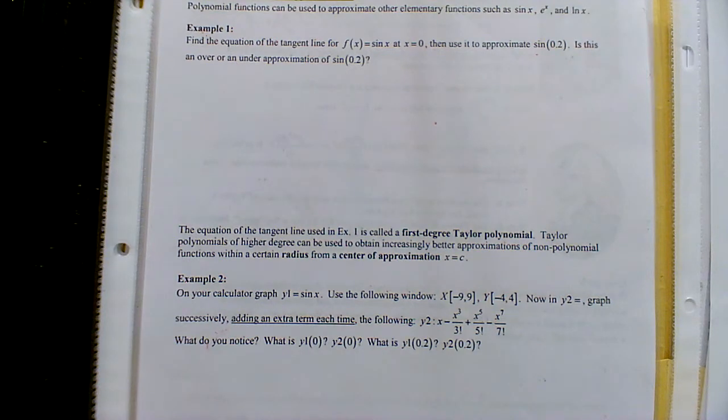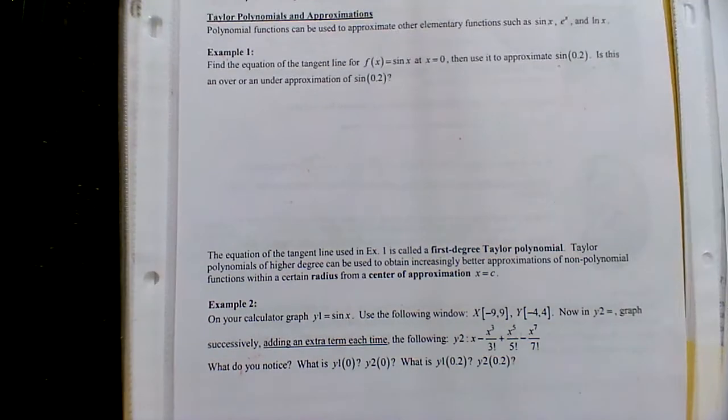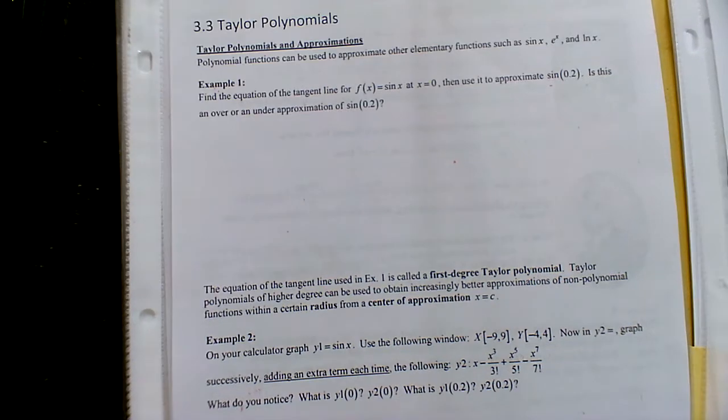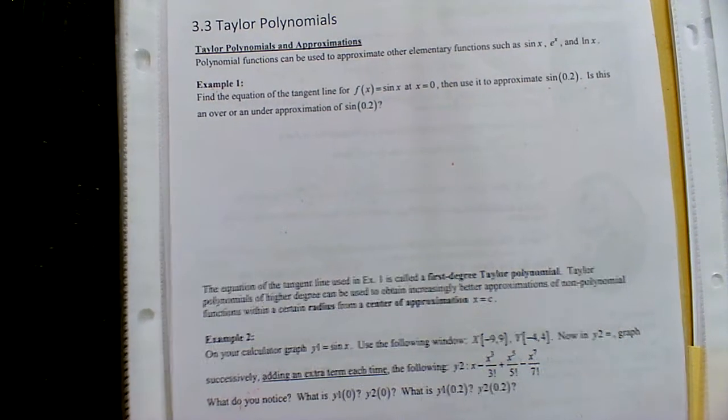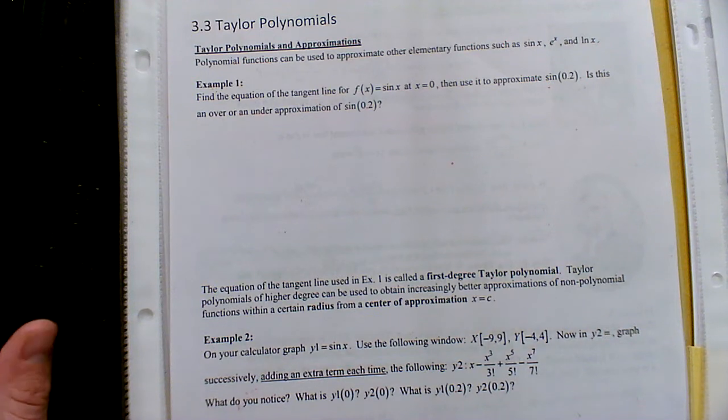So we're going to jump right into an example and get started. Example 1. Find the equation of the tangent line for f of x equals sine x at x equals 0. Then use it to approximate sine of 0.2. Is this an over or an under approximation of sine of 0.2? Alright, so we want a tangent line.